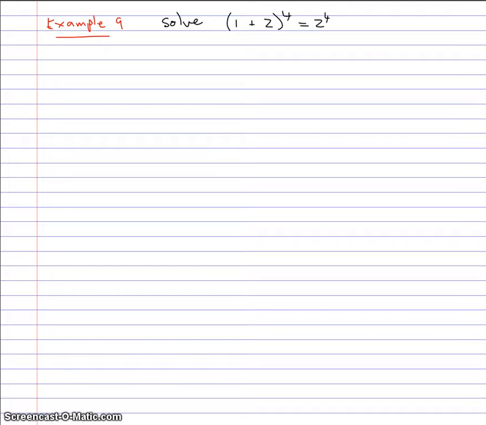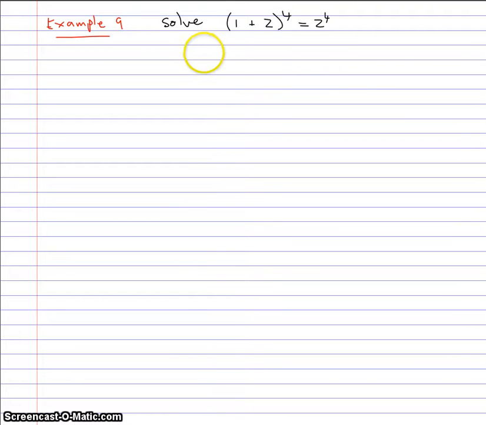Okay, let's look at this next example. Solving 1 plus z to the power of 4 equals z to the power of 4. In solving this, we're just going to collect everything over to the one side. We're not going to do that by subtracting z to the power of 4, but by dividing.